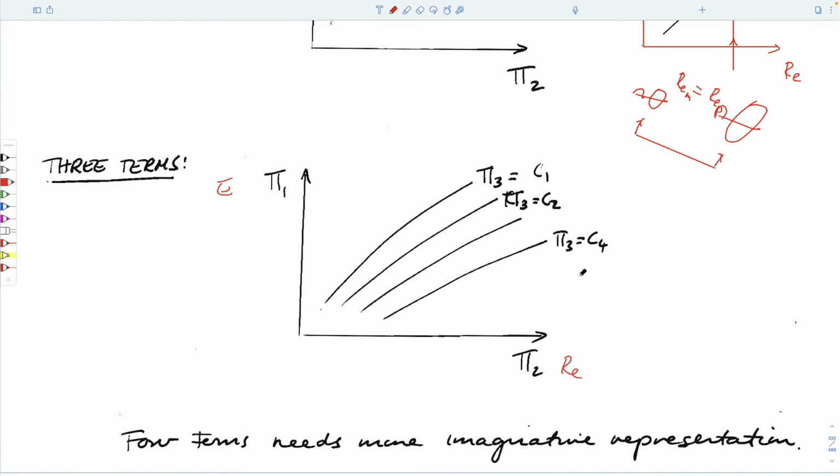And so in what we've just looked at, this third pi group would be our values of epsilon over d equal to 0.1, epsilon over d equal to 0.01, epsilon over d equal to 0.001. So that's because we have 3 pi groups. We have Euler number, we have Reynolds number, and we have relative roughness. And so again, we have curves for each of these parameters.